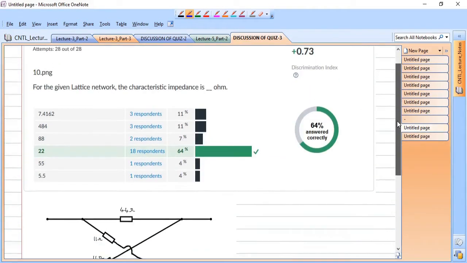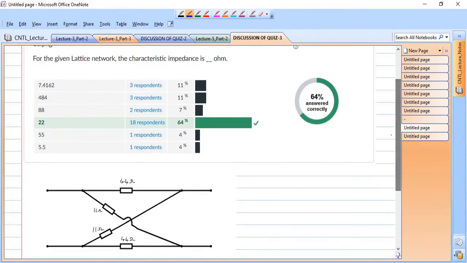Next question is, for the given lattice network, the characteristic impedance is asked. We know that for a lattice network, the characteristic impedance Z0 is equal to square root of ZA into ZB, where ZA is the series arm impedance, and ZB is the diagonal arm impedance.